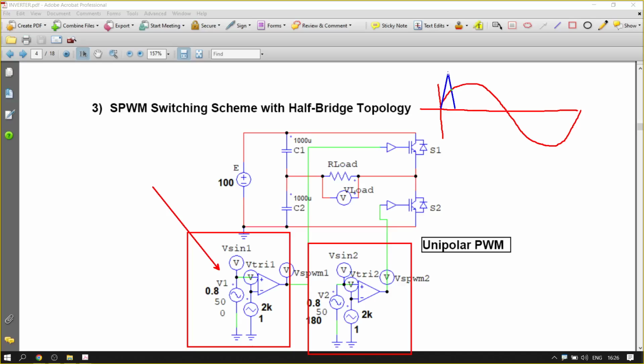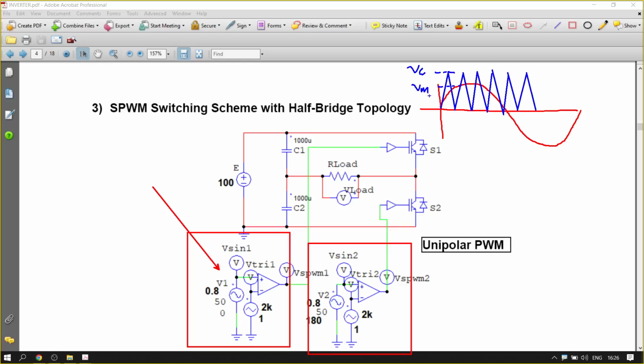Betul tak? Ingat itu je. That is a unipolar PWM. That's why it's known as unipolar, because the triangular carrier signal only consists of positive values. Jangan confuse yourself. So we have this as VC, and this will be your VM, isn't it?